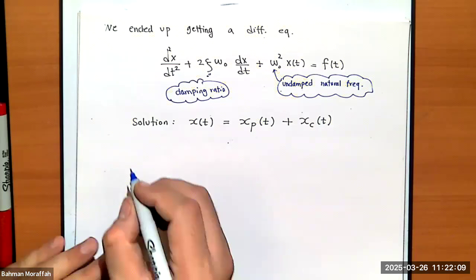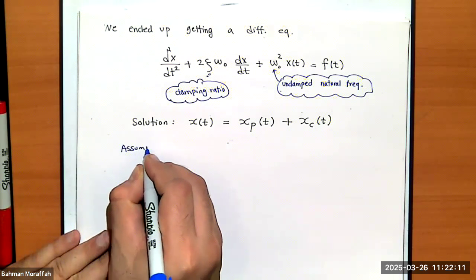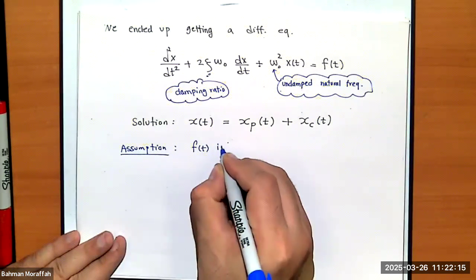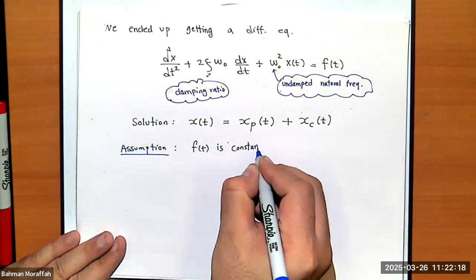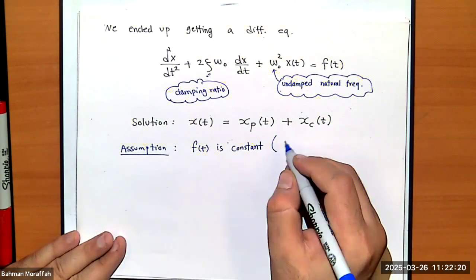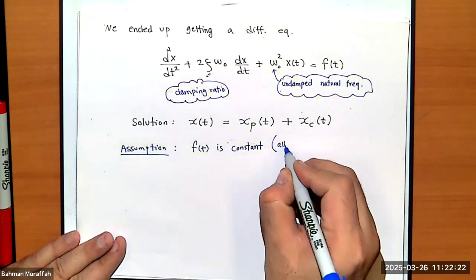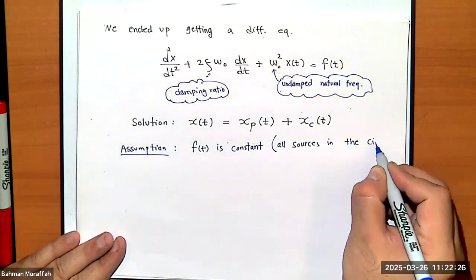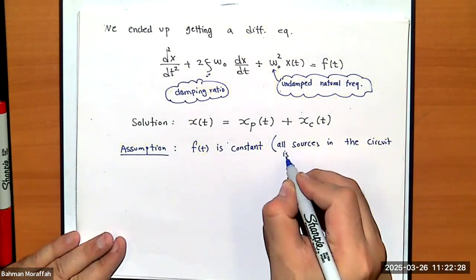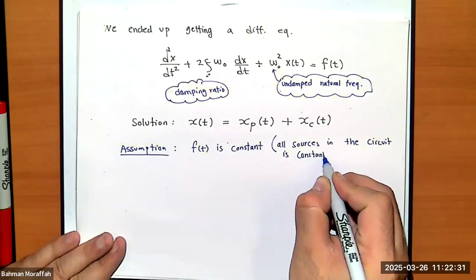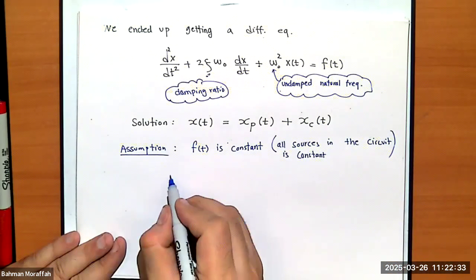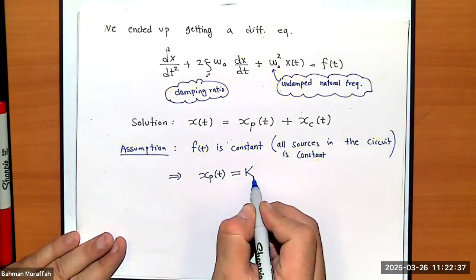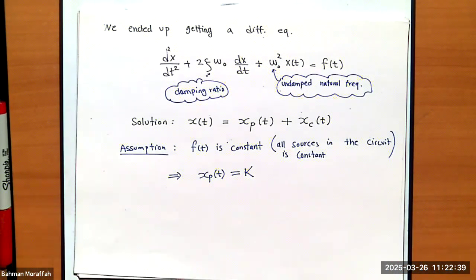So the assumption is f of t is constant, which again means all sources in the circuit are constant. Therefore, we know xp of t must also be constant, and we call that k.